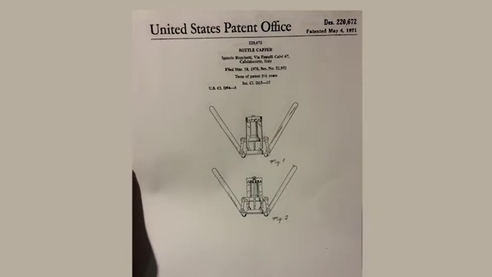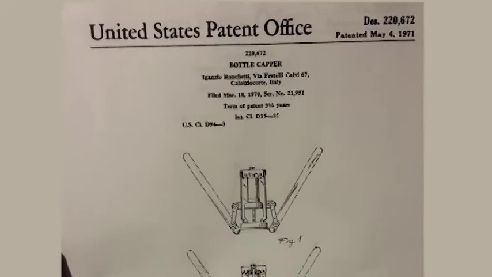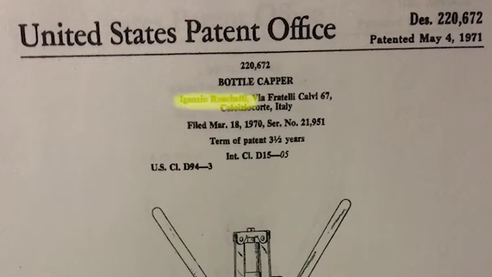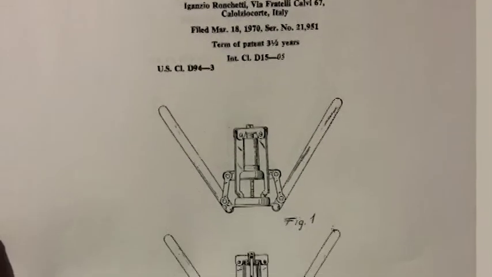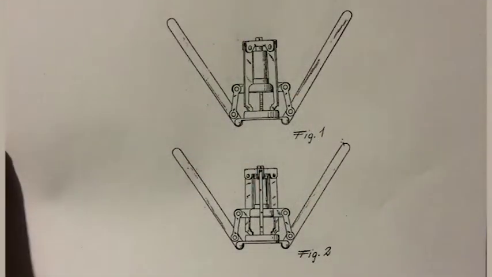The next patent I chose to present here and have you investigate as part of this laboratory is a design patent issued to Mr. Ronchetti on May 4th, 1971. This is a mechanism that is fairly similar to this one, but the figure on the patent, it's a design patent.